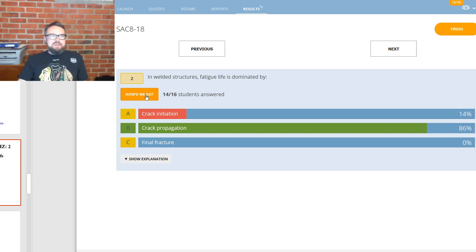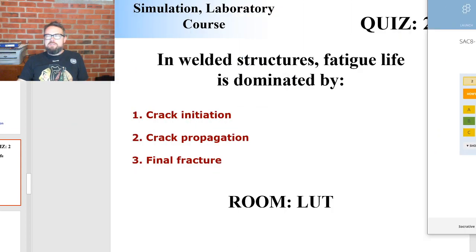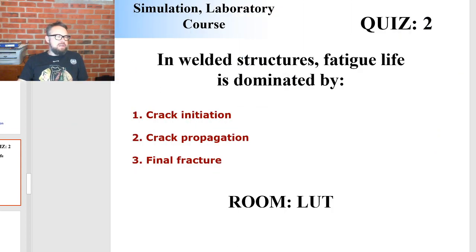Nice. Crack initiation is something that is important in the case of unwelded structures, but this is about welded structures. So in a welded structure it is a fair assumption to say that there is an initial crack in the structure. Even though it is a brand new structure, an initial crack is there.